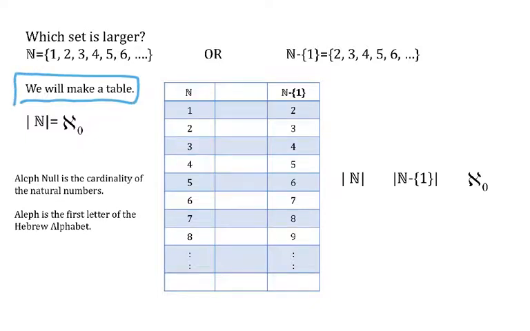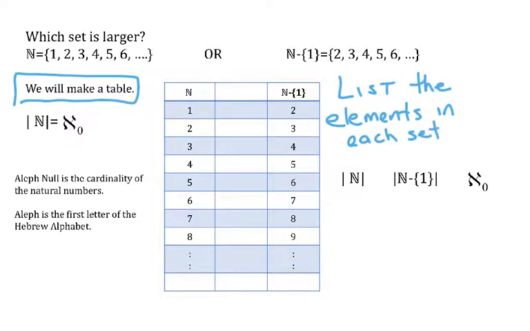We make a table. We're going to list the elements in each set. If we can pair them up in such a way that we are convinced that there is a one-to-one correspondence between these two sets, then we will know which set is bigger or that they're equal.